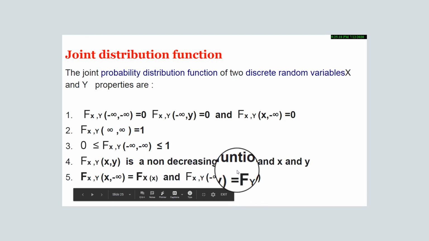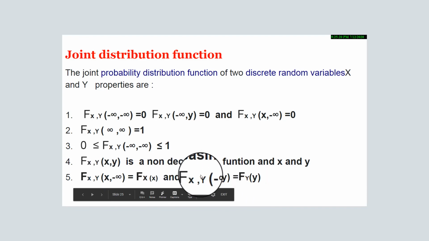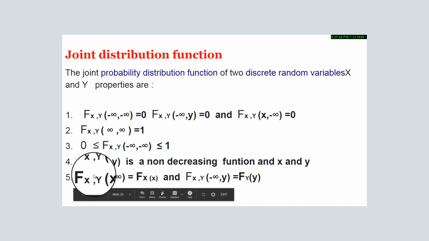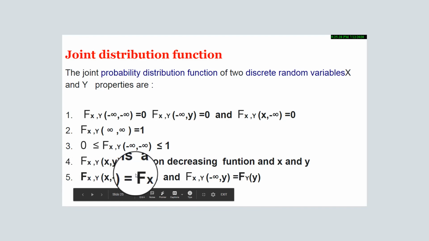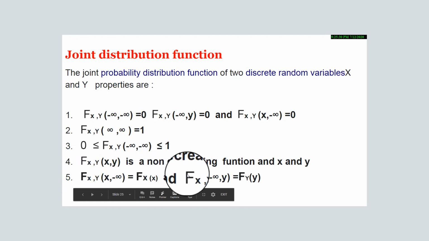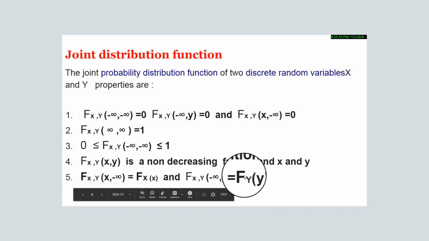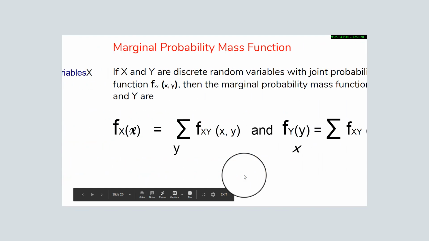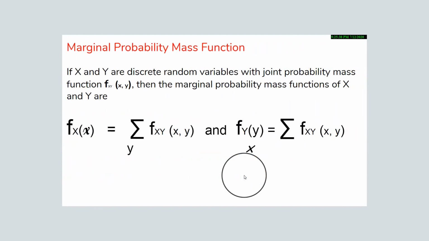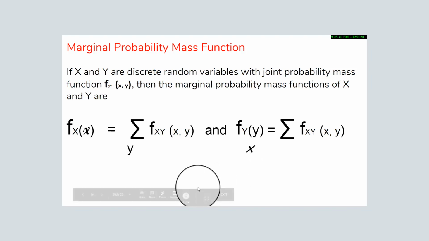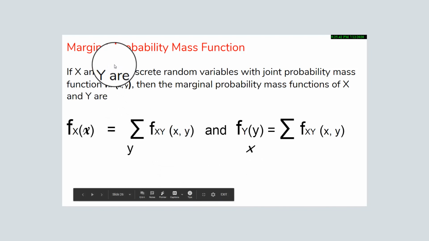This indicates it is the marginal function of y for the discrete function. When we say discrete, this F will always be in capital letters. For the discrete function, we write it separately as the marginal probability mass function.